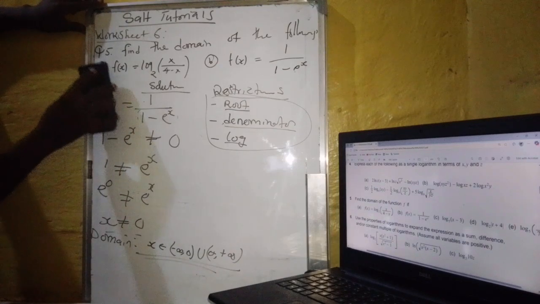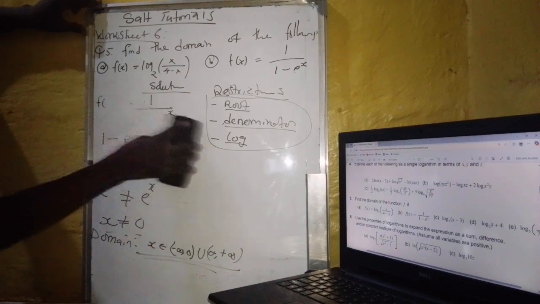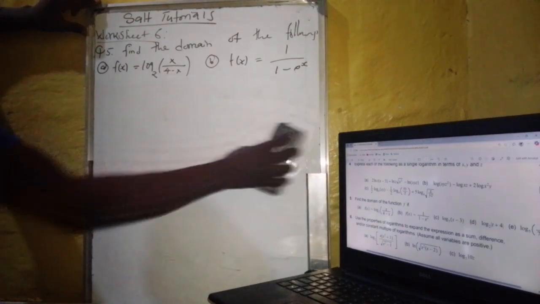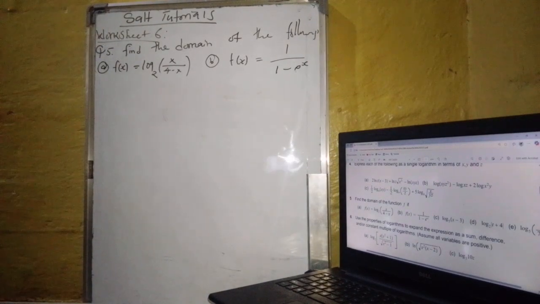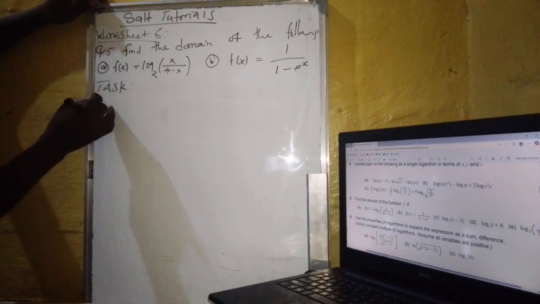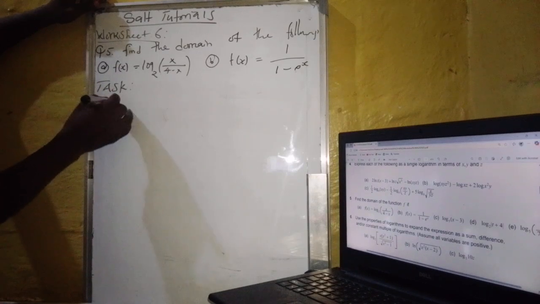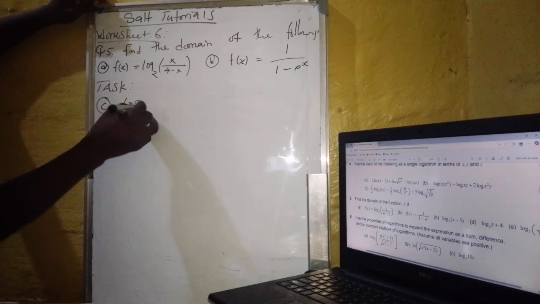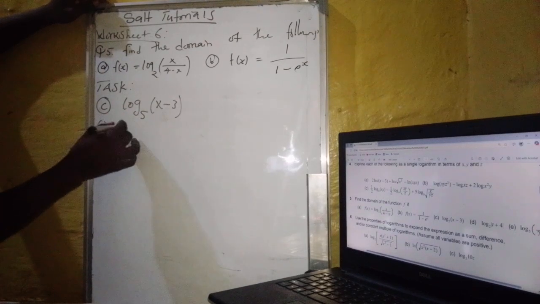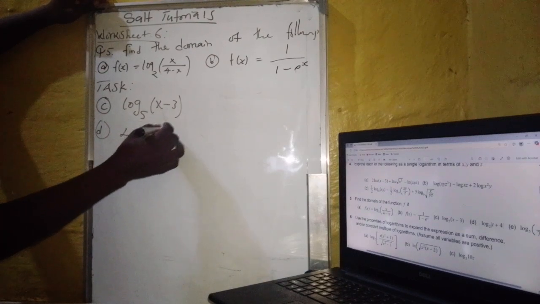So your task, which you can submit: B we've done, so do C, which says find the domain for log of 5x minus 3. D, find the domain for log of 2, the absolute value of t plus 4.